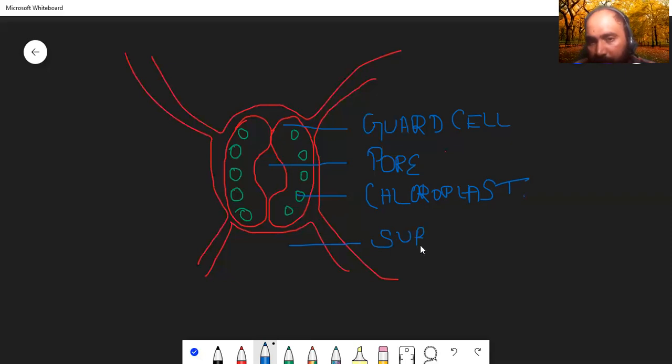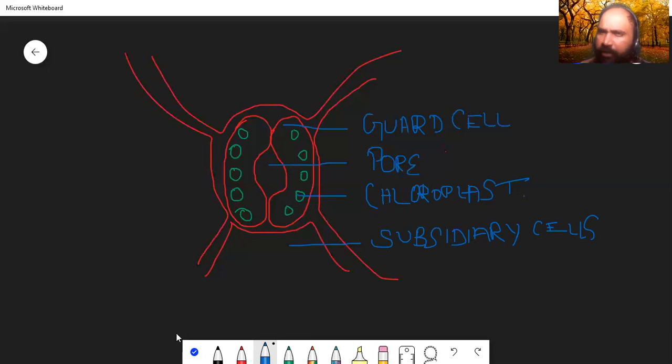You know my handwriting is not like this. Subsidiary cells. So guard cell, pore, chloroplast, and subsidiary cells. So this is the structure of stomata.